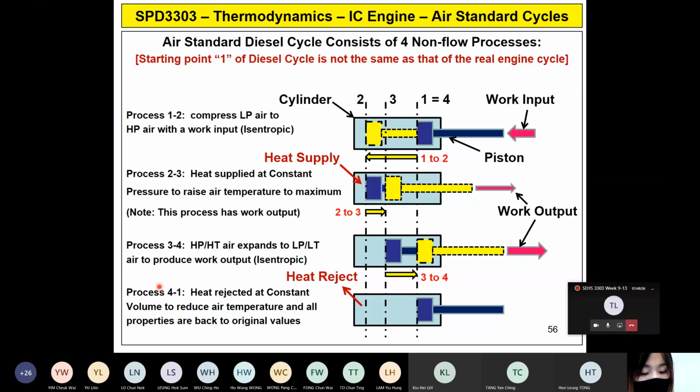From point 4 to point 1, we have heat rejection at a constant volume to reduce the air temperature as well as the pressure.